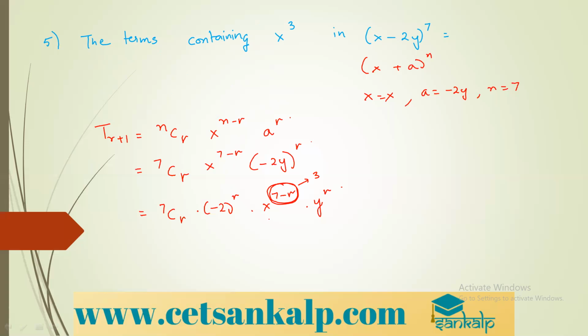So I will take 7 minus r as 3, or r will be 4. r is 4 means which term? Fifth term. I will put r as 4. So the fifth term contains x cube. That is what we have to find.